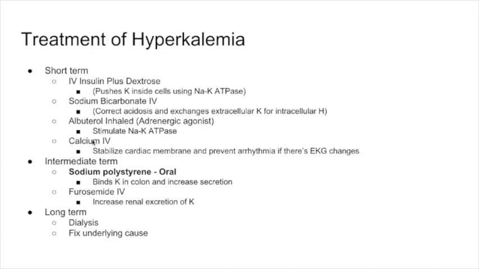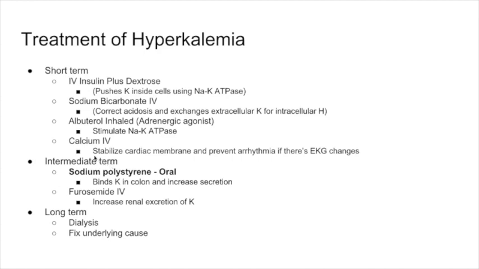IV calcium doesn't really do anything with the potassium in general, but it stabilizes the cardiac membrane and prevents arrhythmia. We really only give calcium if there are any EKG changes, mainly peaked T waves, because that's the highlight of hyperkalemia. So these are the short-term treatments for hyperkalemia: insulin, sodium bicarbonate, albuterol, and calcium.